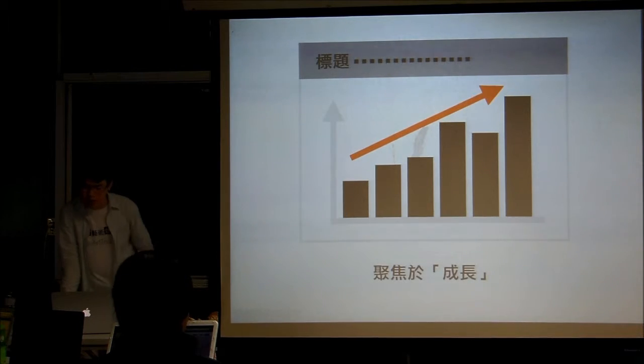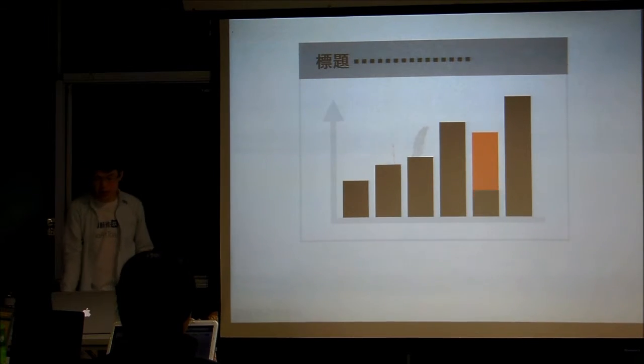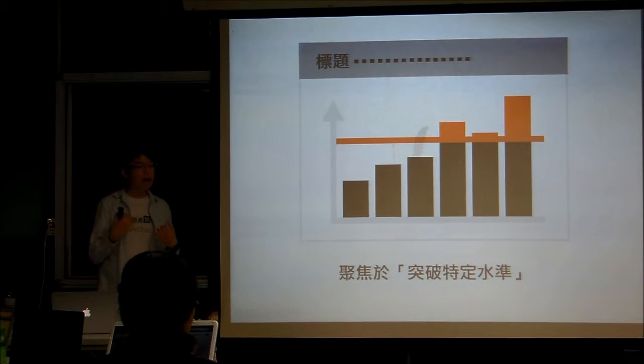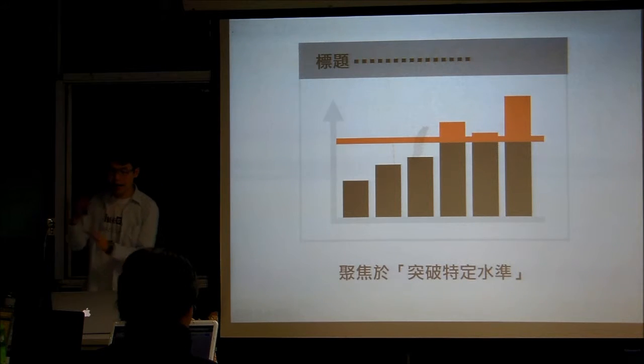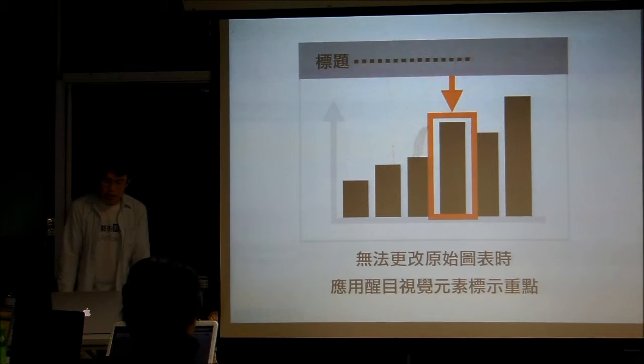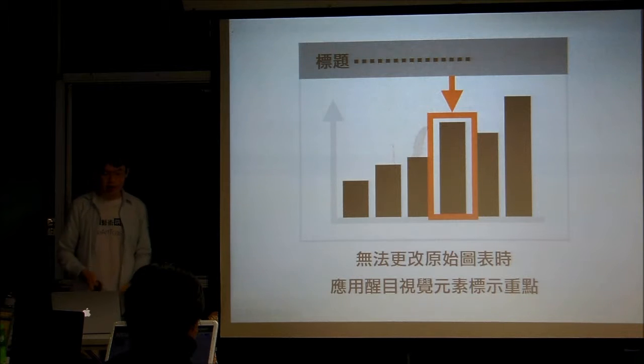If you want to focus on the growth or on some certain level of things, and you want to say that after a certain year, my grades or my things are getting higher than any standards. And if you cannot change the original table, you can also use vivid visual elements to highlight the point.